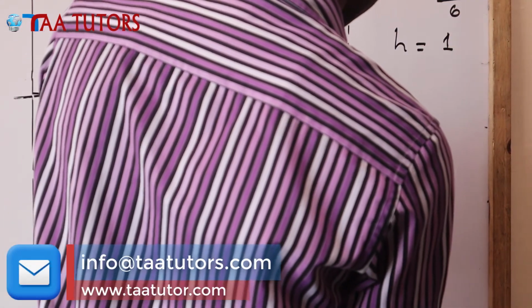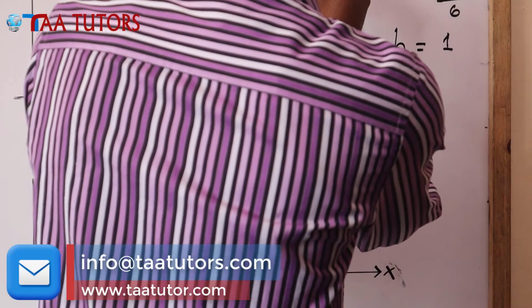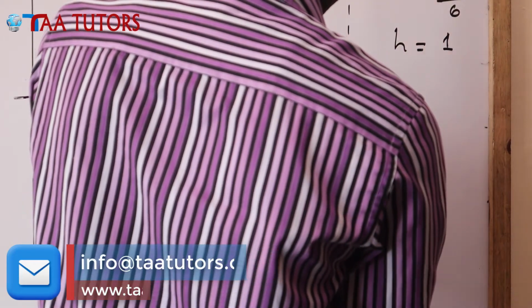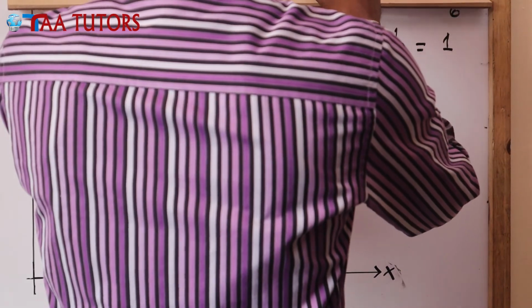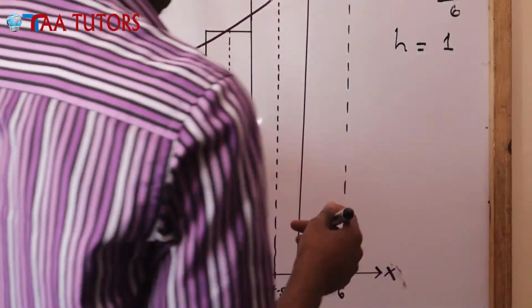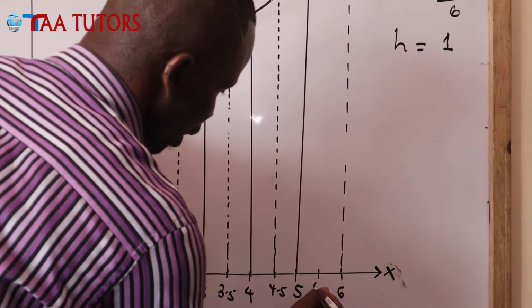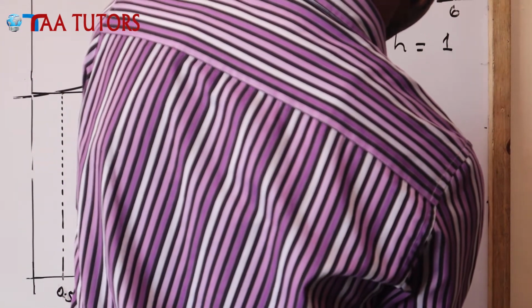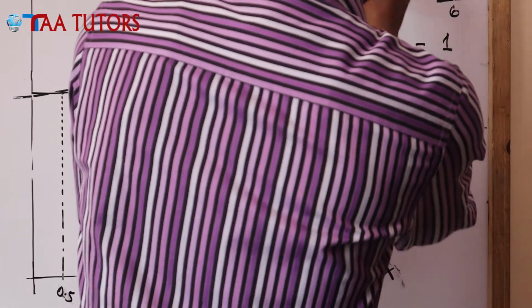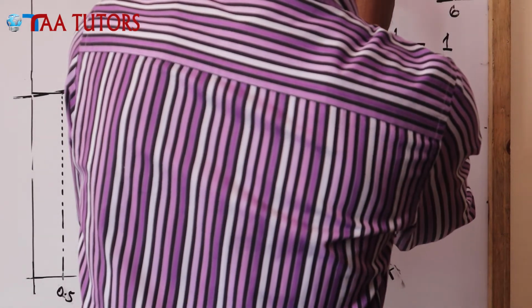Then this line is continuous, coming from up there. We draw this like that. Then finally we have 5.5, the last mid-ordinate. So the last mid-ordinate is 5.5. We use a dotted line to draw it.